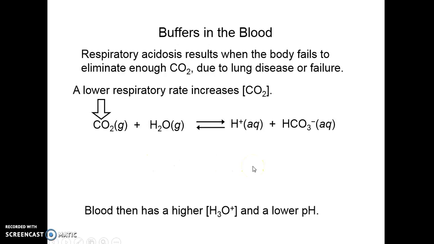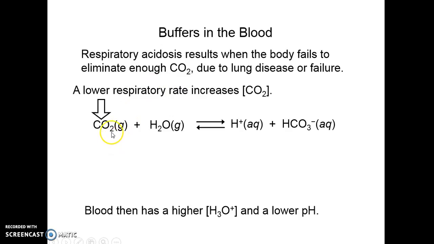However, this can get messed up. Let's look at an example. You have something called respiratory acidosis that comes from respiratory problems. An example would be you're given a drug that slows your breathing. If you slow your breathing, your carbon dioxide levels are going to build up.